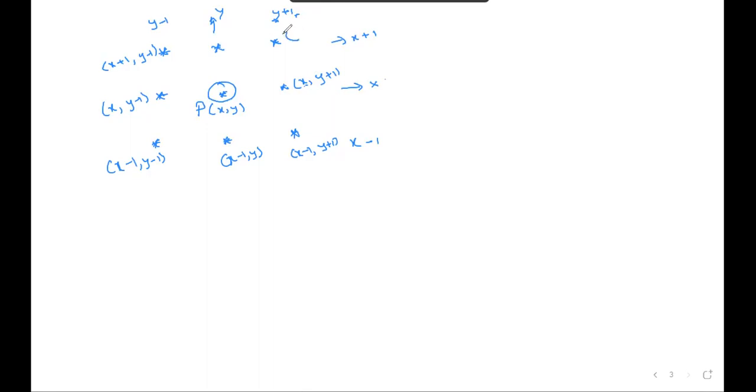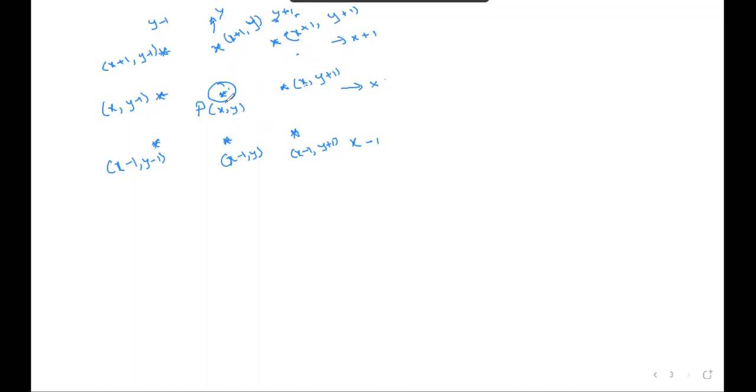Next, this one is X plus 1 comma Y plus 1. This one is X plus 1 comma Y. Because I said the pixels must be unit distance, we can notate and identify the 4 neighbor, 8 neighbor, and diagonal neighbor.